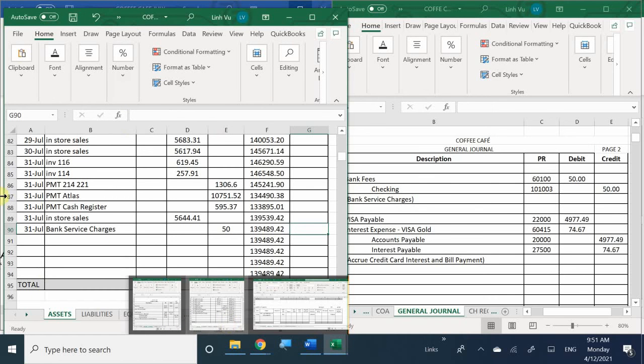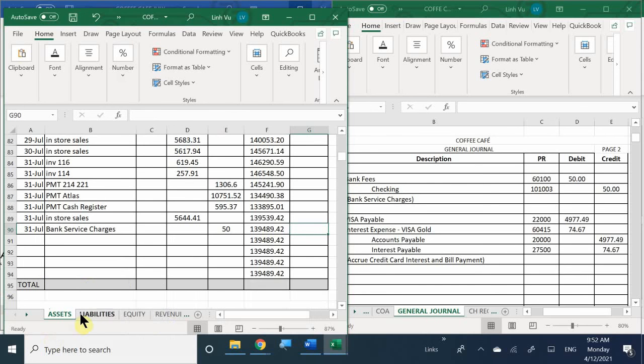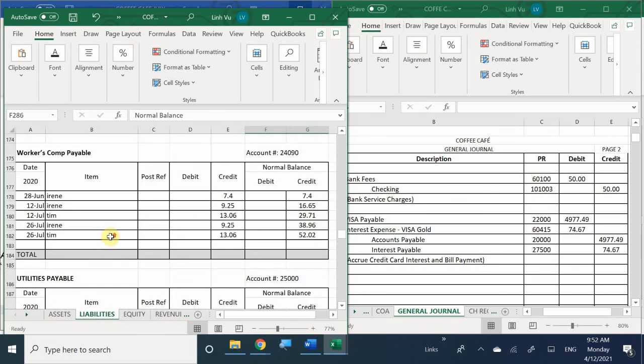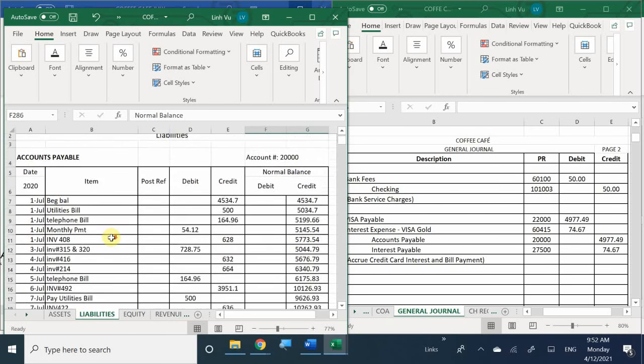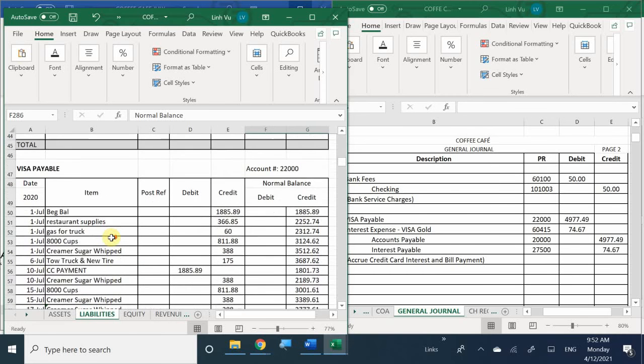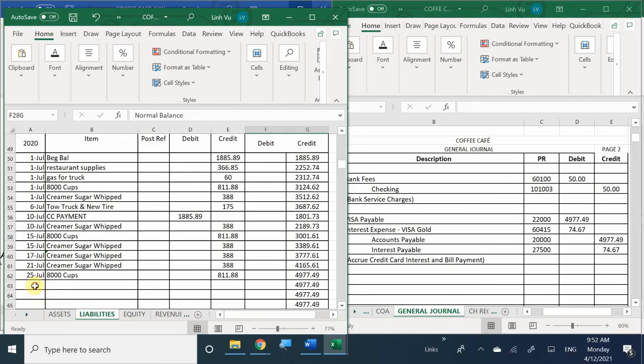Okay, so first things first, I have Visa payable. I'm going to recognize that I received a bill, or I guess credit card bill.